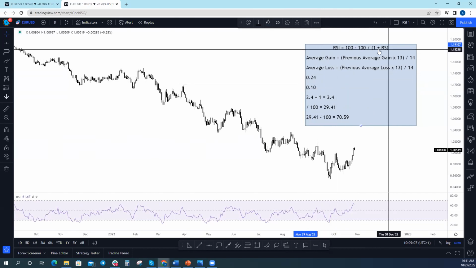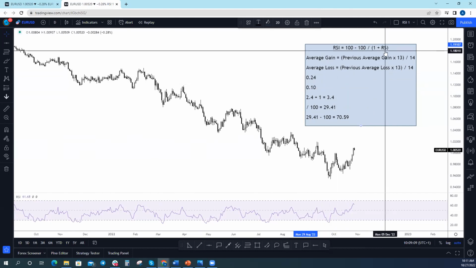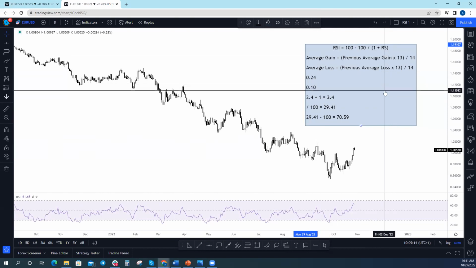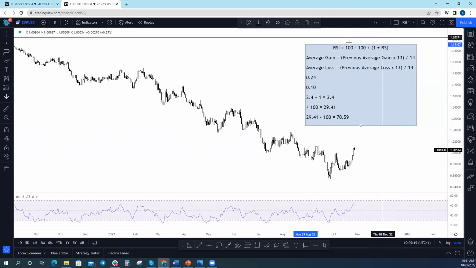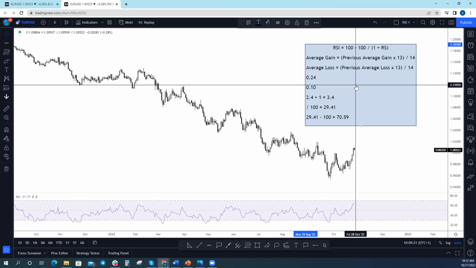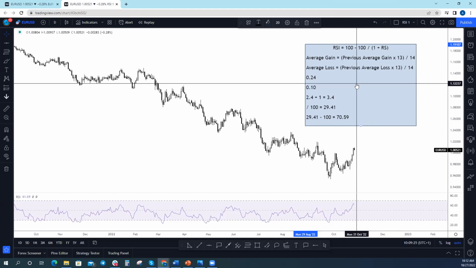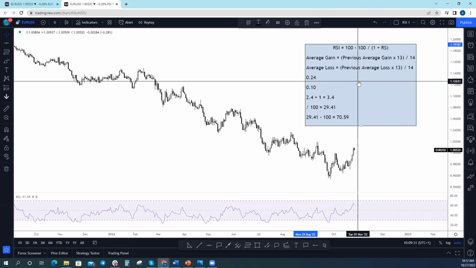Now, the relative strength, or RS, as you can see here, is the average of all up moves and down moves over the last 14 periods. To calculate the average, you must sum the up moves and down moves and divide by 14. That's the default calculation period.